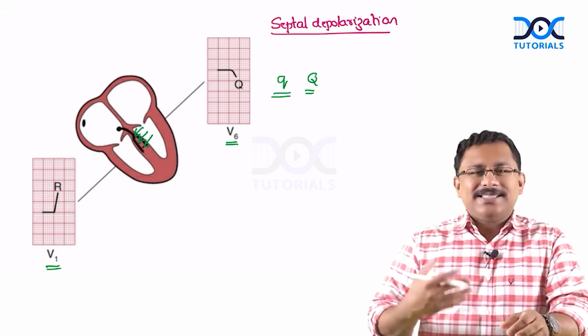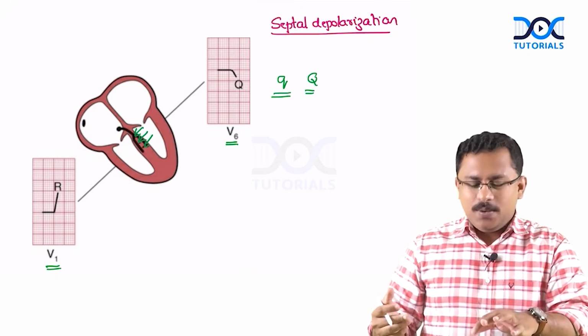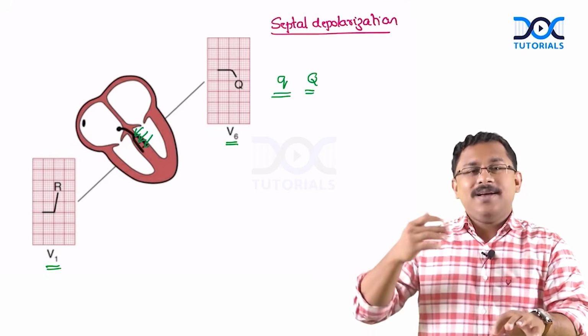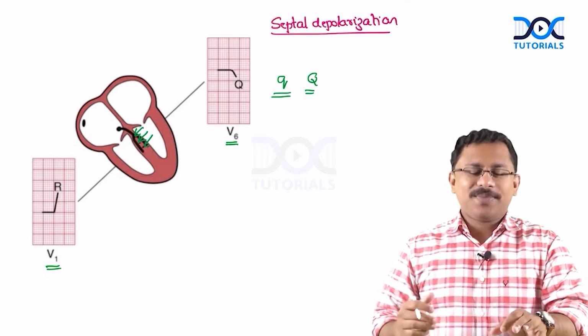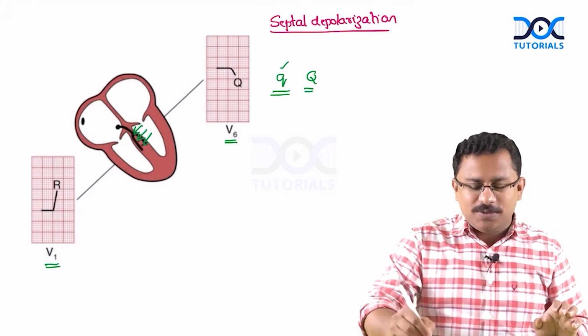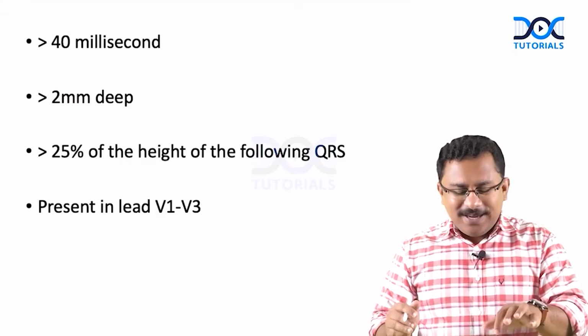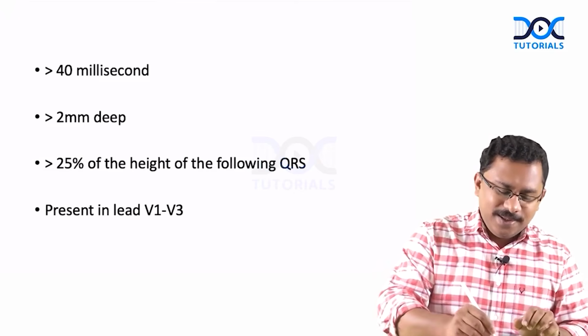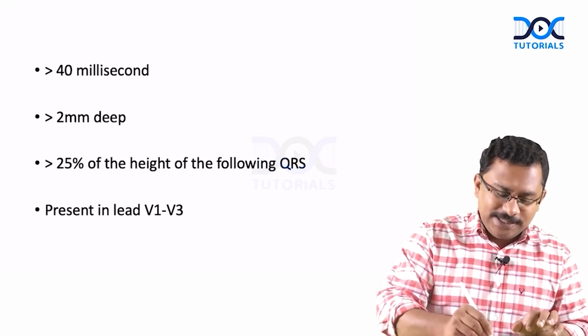Now after the septal depolarization, the next step will be the depolarization of the ventricular muscle wall. But before that, remember I told you about small q and capital Q. What is this pathologic Q wave? When do you say the Q wave is pathologic?